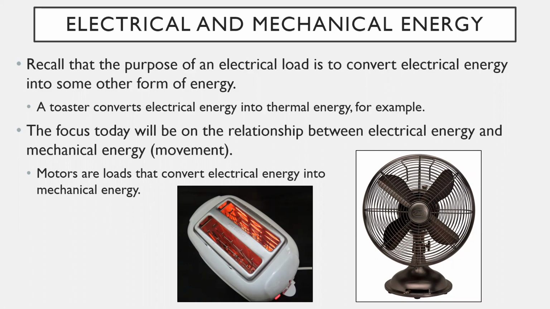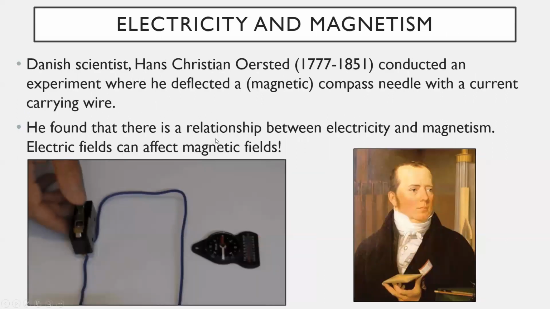Mechanical energy has just more components to it. We won't go into the absolute details on that one, but just understand that pretty much anything that involves moving parts in terms of an electrical load is going to be something that's converting electricity into mechanical energy. Now, motors are loads that convert electrical energy into mechanical energy. So really that old word motor is basically just something that describes these types of loads.